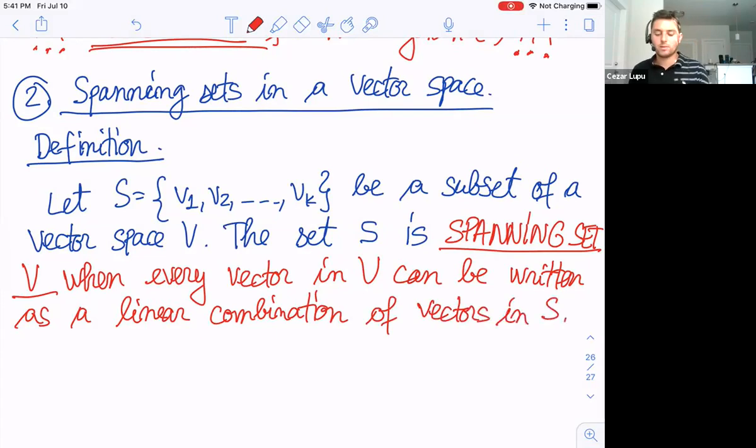In other words, if I pick a vector v in this vector space V, then v can be written as a linear combination of the vectors in S, which are v1, v2, ..., vk.